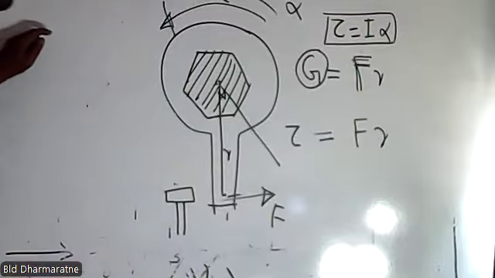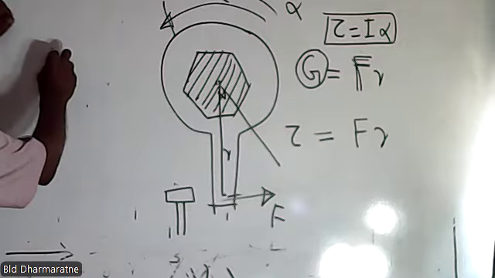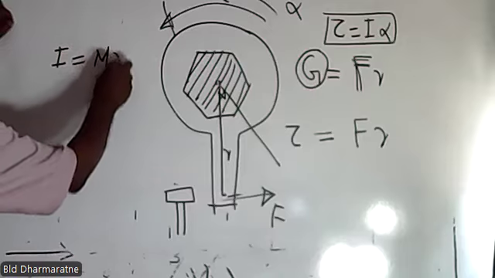So far we have discussed angular momentum, moment of inertia and torque. The formulas: moment of inertia I equal to mr squared.